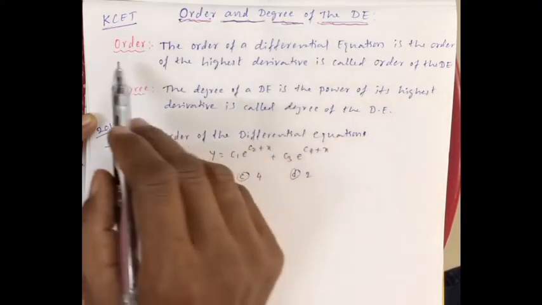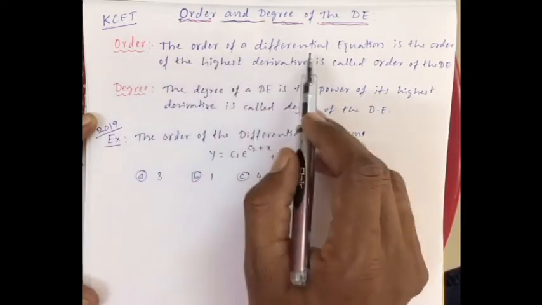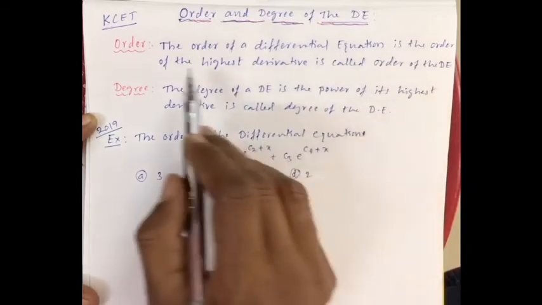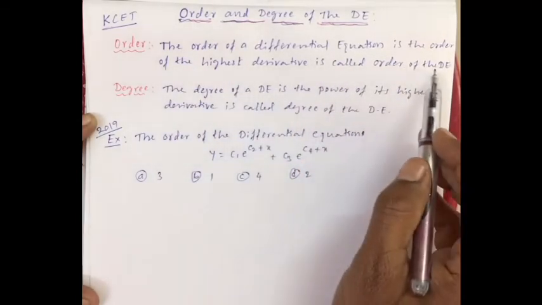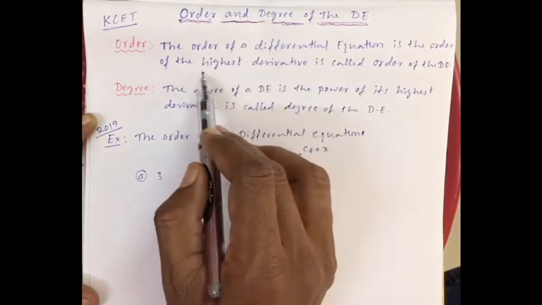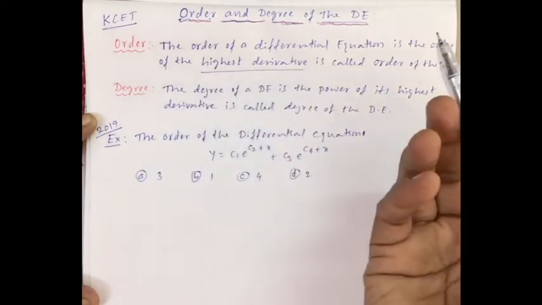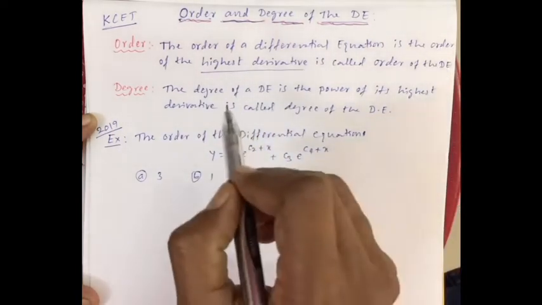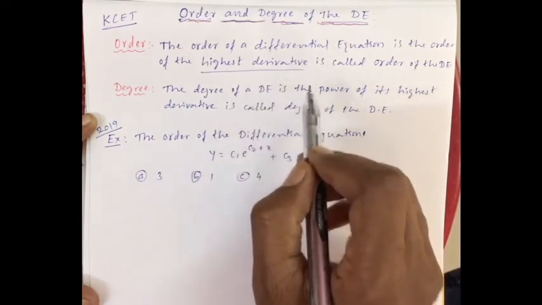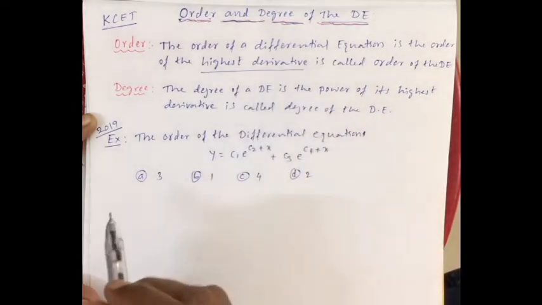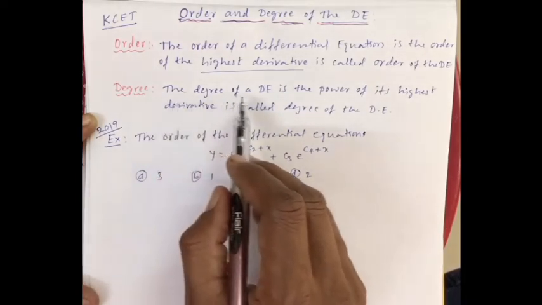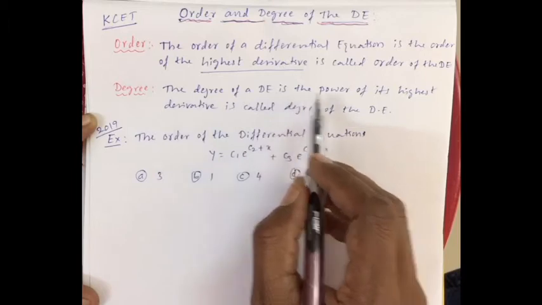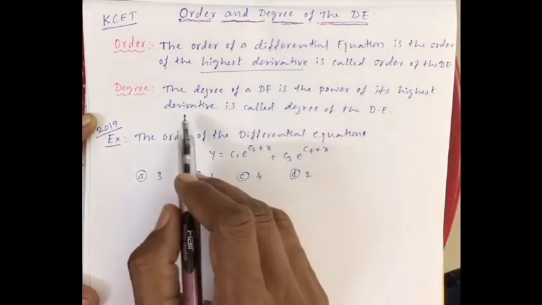Order is nothing but the order of the highest derivative; it is called the order of the differential equation. So in any differential equation, whichever derivative is the highest, that is the order. Then the degree of the differential equation is the power of its highest derivative.